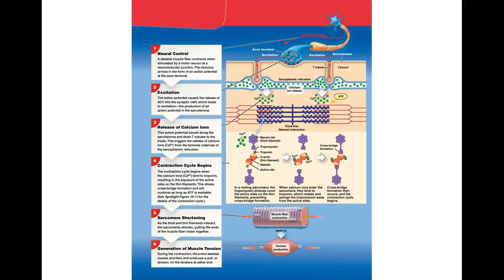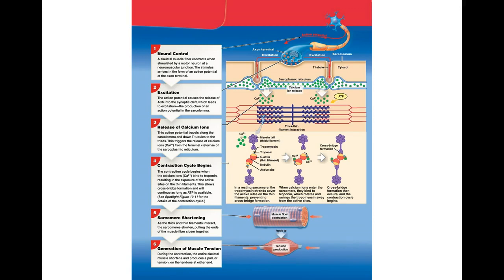This will go on as long as there is ATP present. It will go on as long as the chemicals needed to create this contraction are present, but mostly it's ATP, and when ATP is no longer there to keep the contraction, then the entire process reverses.